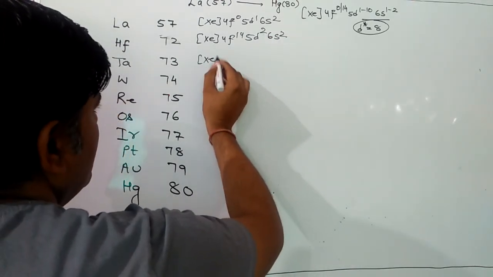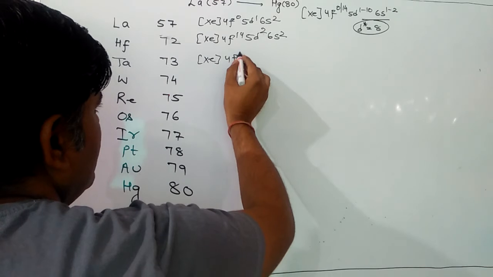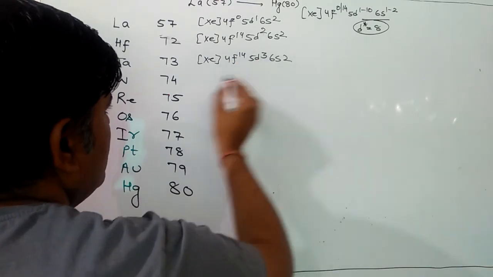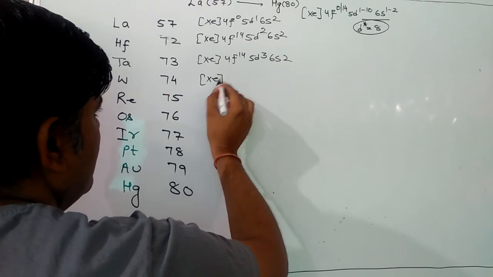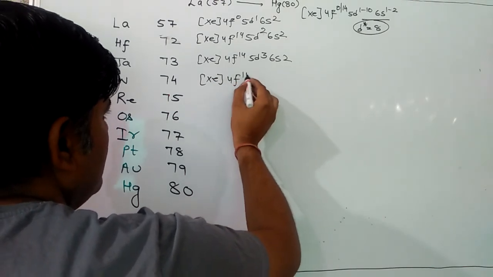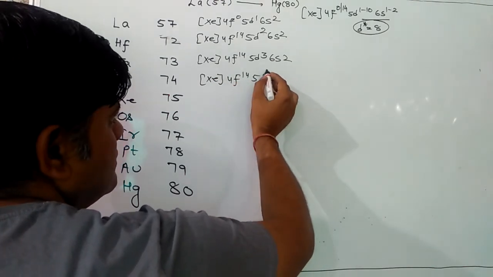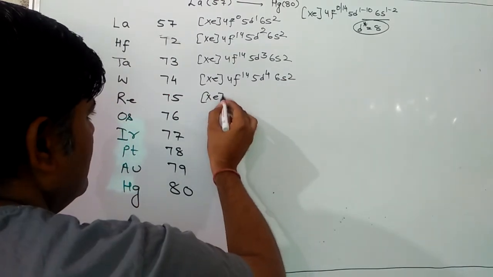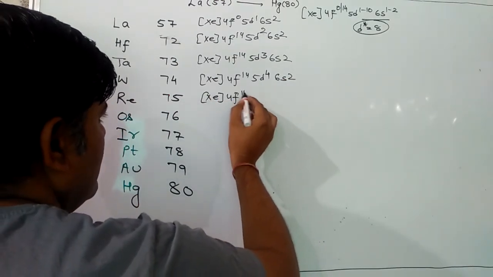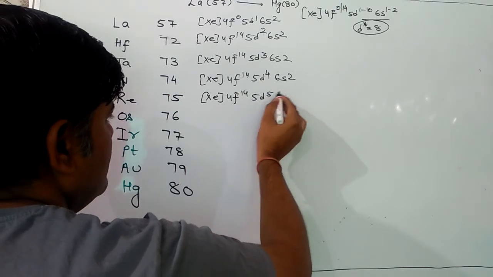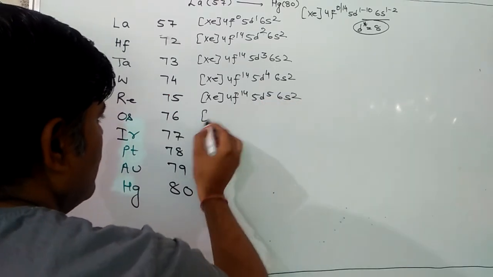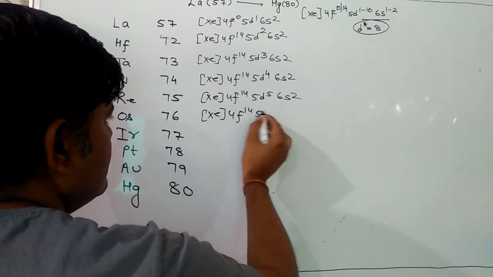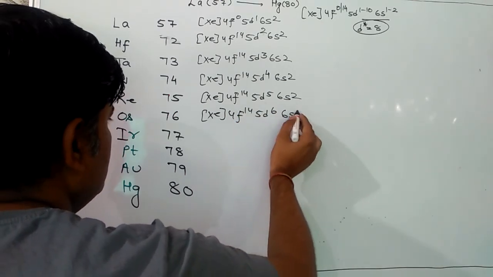Next, xenon 4f14, 5d3, 6s2. For tungsten, xenon 4f14, 5d4, 6s2. For rhenium, xenon 4f14, 5d5, 6s2. For osmium, xenon 4f14, 5d6, 6s2.